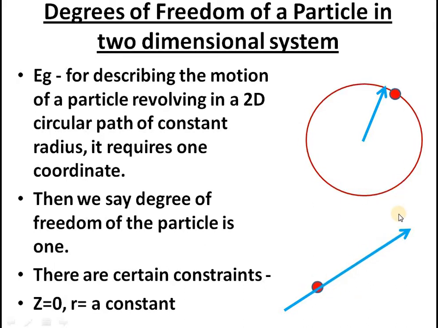You can represent its position with a single variable, say x. x is the only variable required to represent its motion. So we say that the degree of freedom of this bead moving along a stick or a pin or a wire is 1.